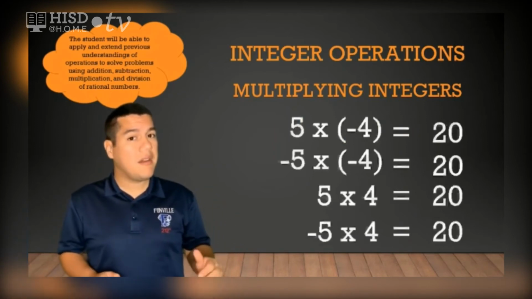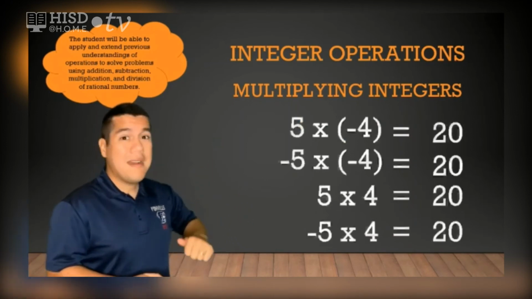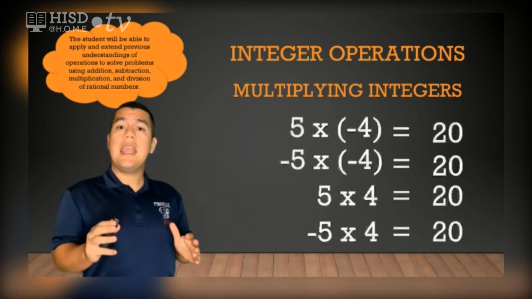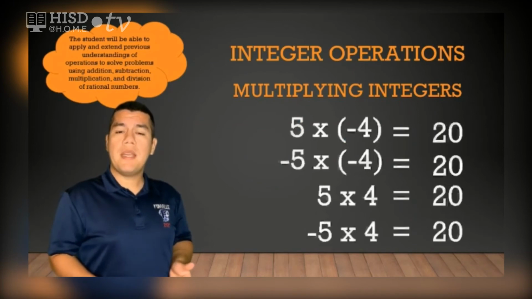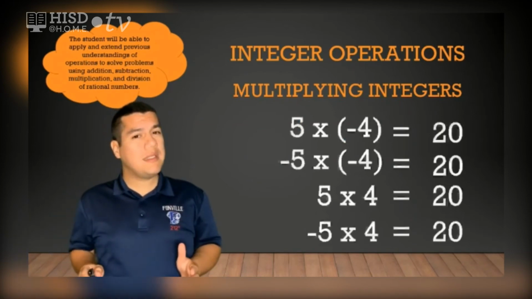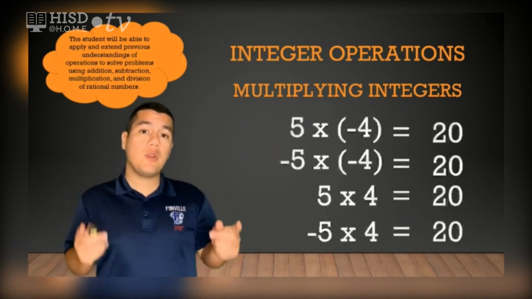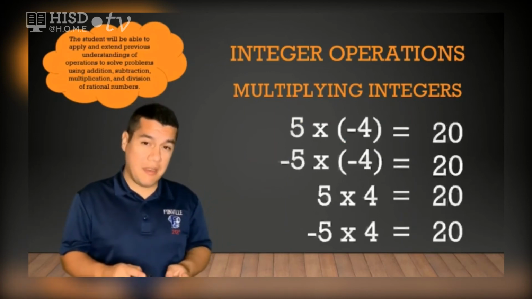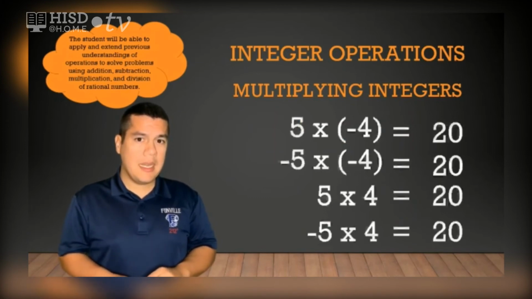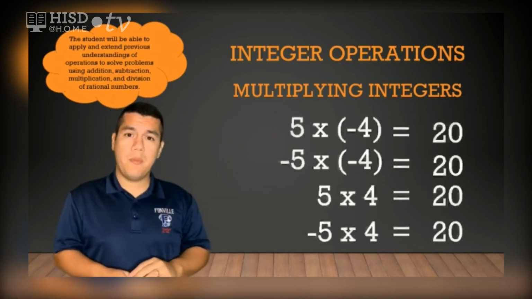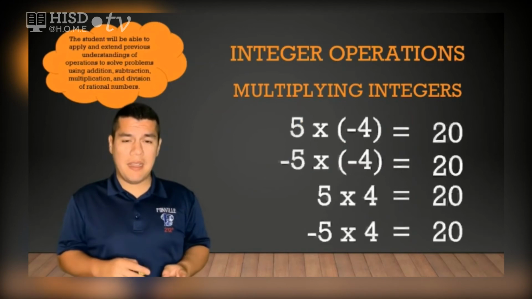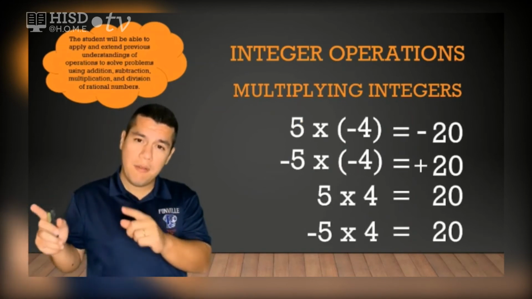So let's say that I have, this is the top one, 5 times negative 4. Since both of these numbers have different signs, my result is going to be negative 20. The next example is negative 5 times negative 4.